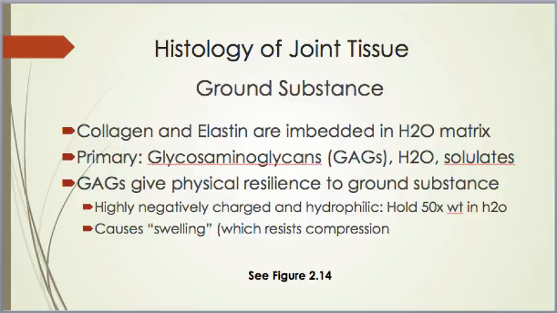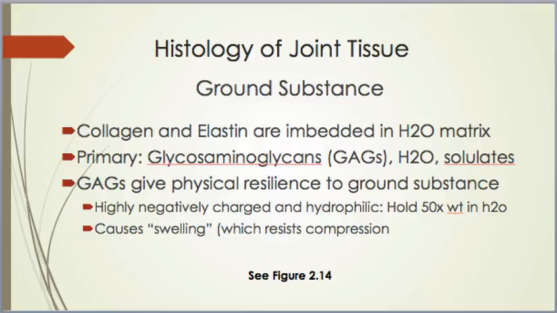All right, we talked about ground substance a little bit last semester. It's basically the glue that holds these things together. So the elastin fibers, collagen fibers, and so forth lie in this ground substance. And it's essentially embedded in this watery matrix, which is basically made up of glycosaminoglycans, or GAGs, water and solutes. So GAGs give a physical resilience to the ground substance.